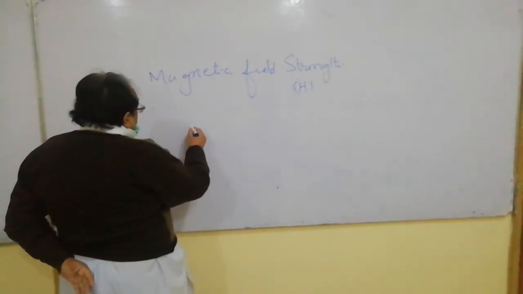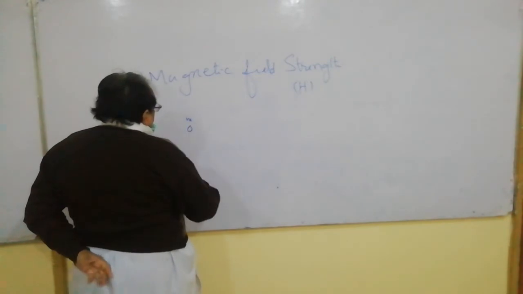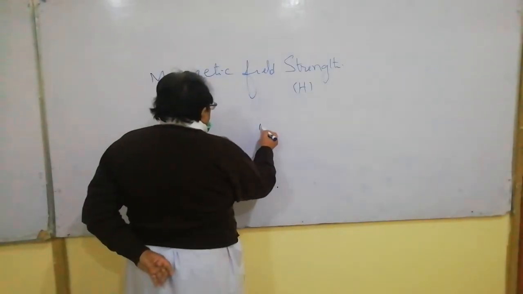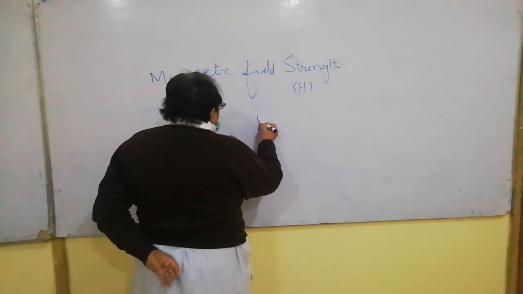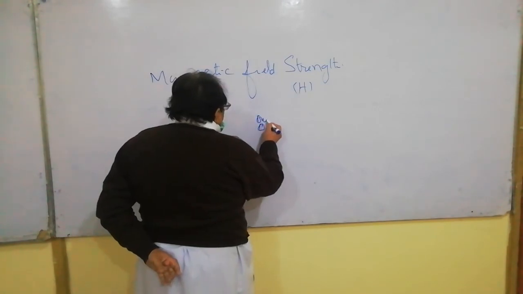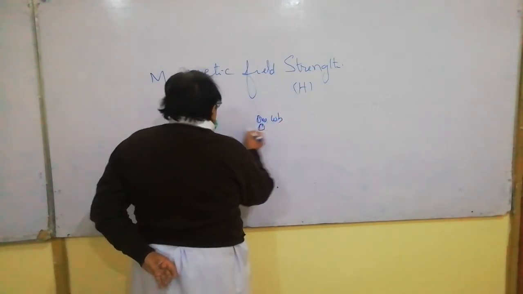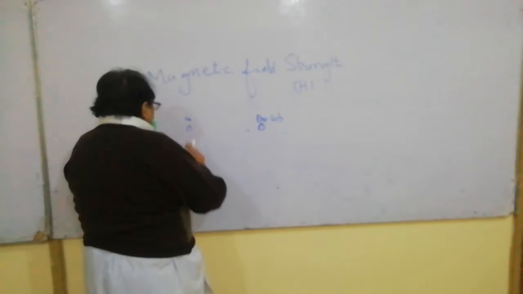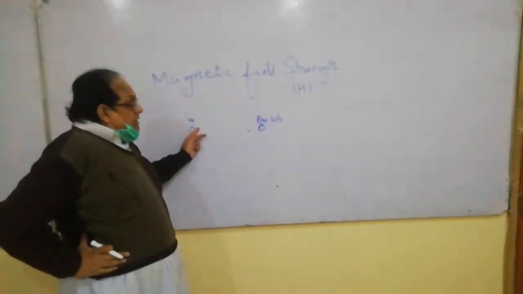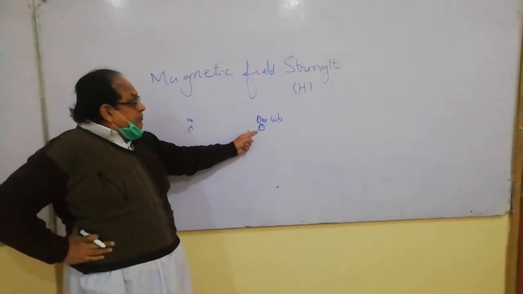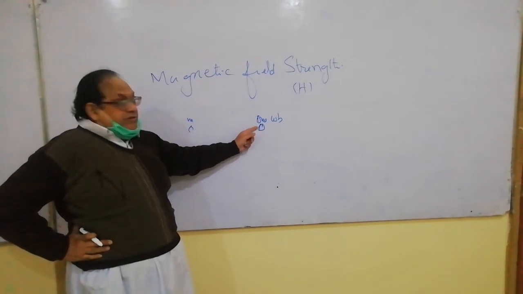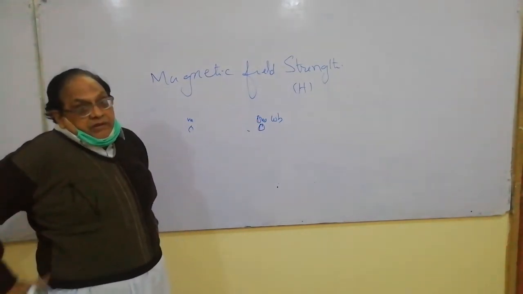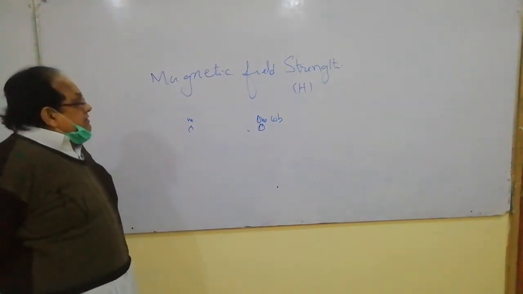Suppose this is M and here it is 1 Weber. Now due to this pole, it will experience some force on this 1 Weber. This is called magnetic field strength.